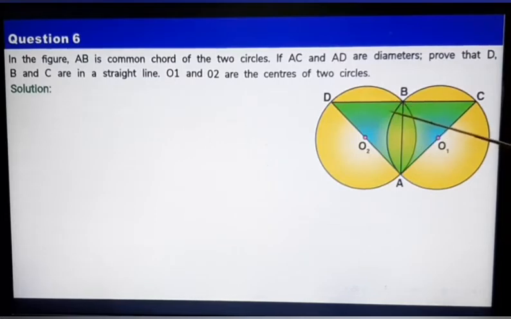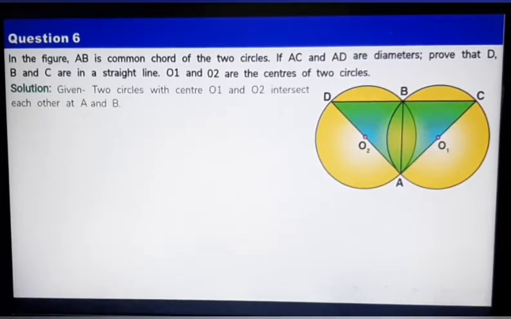Obviously this angle is ABD, so ABD will be equal to 90 degrees. Similarly, AC is the diameter, so this part is the semicircle, which means ABC has to be again 90 degrees.